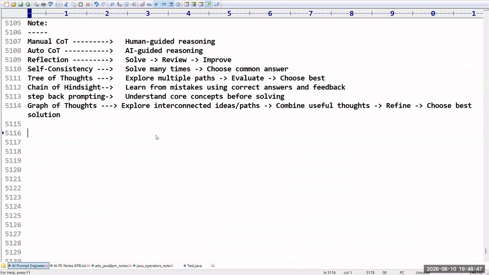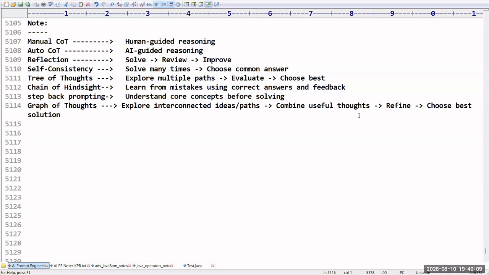What is self consistency? We are going to solve many times and we are going to choose the common answer. So next, what is tree of thoughts? Explore multiple paths, evaluate and choose the best. What is COH? Learn from the mistakes using correct answers and give the feedback.